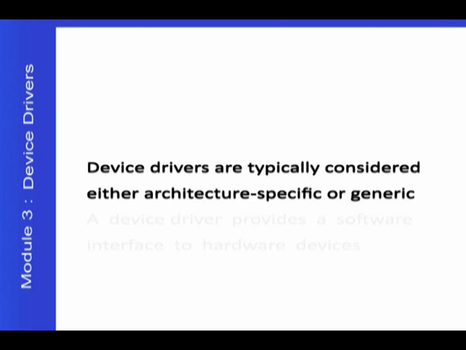It can be configured to run on a variety of architectures or processors. Examples of generic device drivers include those built for I2C bus, PCI bus, display devices, mouse, keyboard, L2 cache, flash drive, etc.